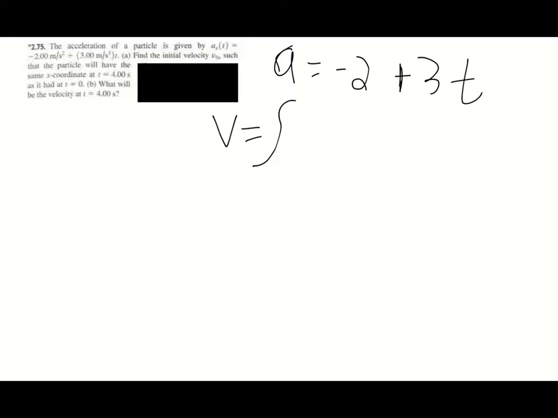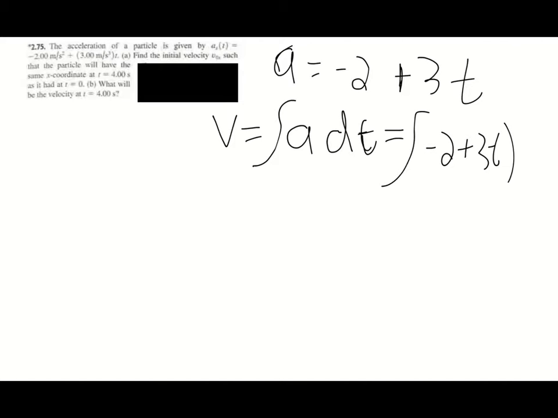So v is the integral of a dt, which is going to be the integral of -2 plus 3t dt. All right, so we're going to integrate each one of those.